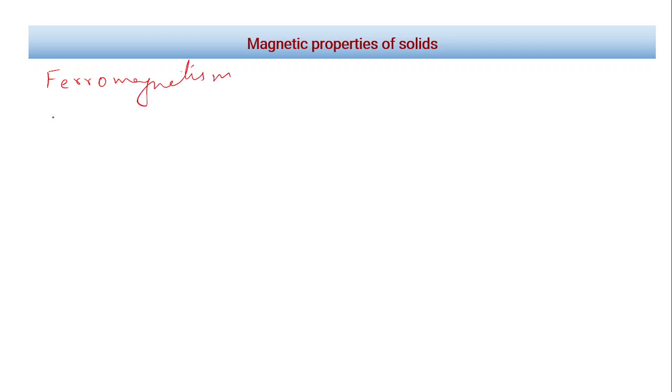These are materials whose origin was discussed in this week's lecture. There is a classical model called the Weiss molecular field model, named after the scientist, and he had talked about something known as the molecular field.